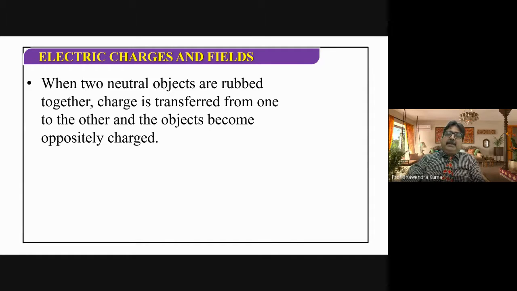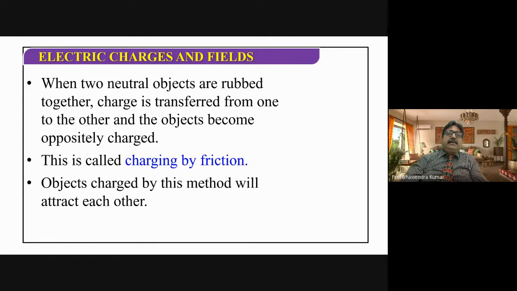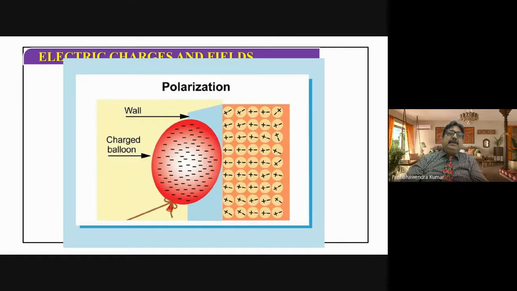So for example, if there is one insulator, as you can see here, there is a balloon which is rubbed with the wall, then what will happen? It will acquire some negative charge, right? And because of negative charge, it will cause polarization of the particles of the wall.